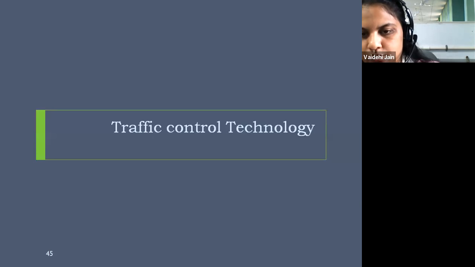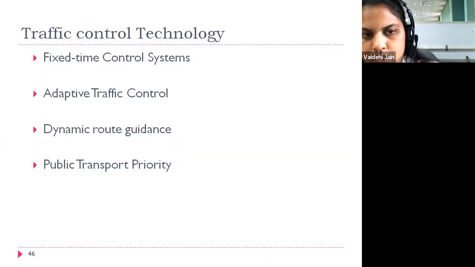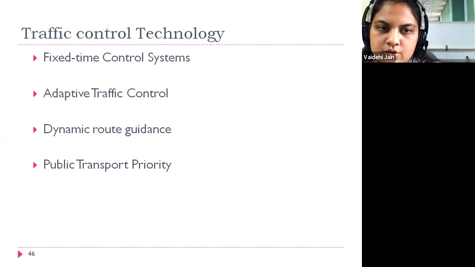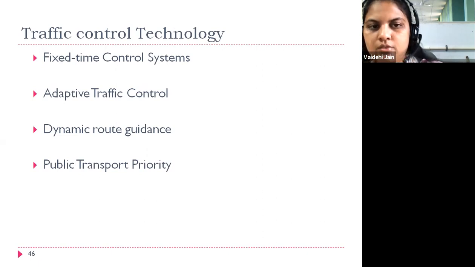Now the traffic control technology. In traffic control technology, these types of technologies are there: the fixed time control technology, the adaptive, dynamic, and the public transport priority. Fixed time is something like a signal type of control. In a signal, you have a fixed time control.